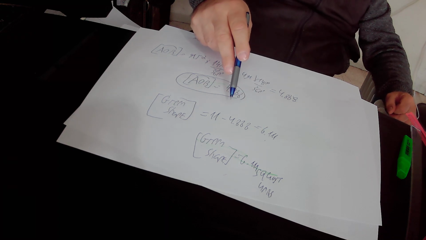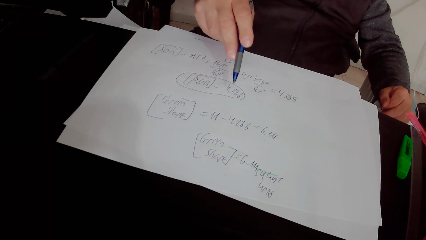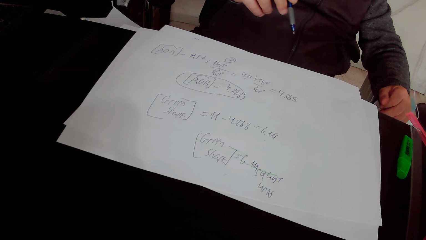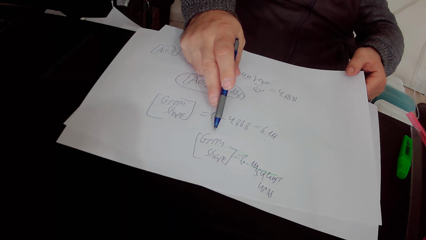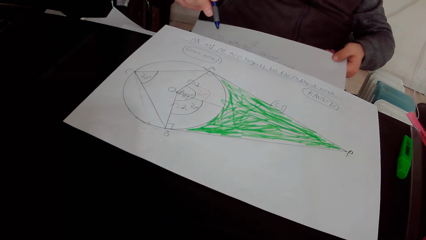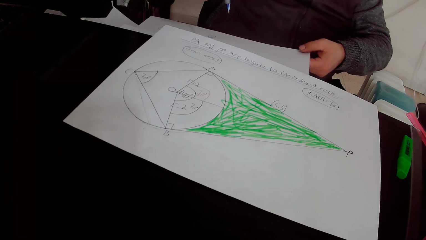So 11 minus 4.888 equals the area of the green shape. 11 minus 4.888 is 6.111 square units. So in conclusion, the area of the green shape equals 6.111 square units.